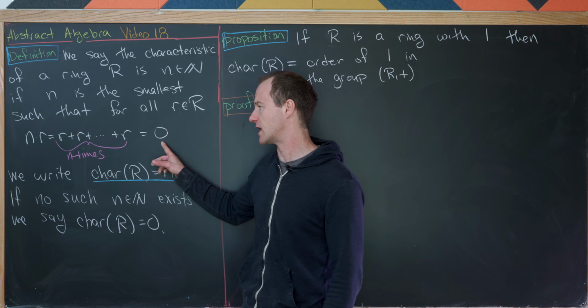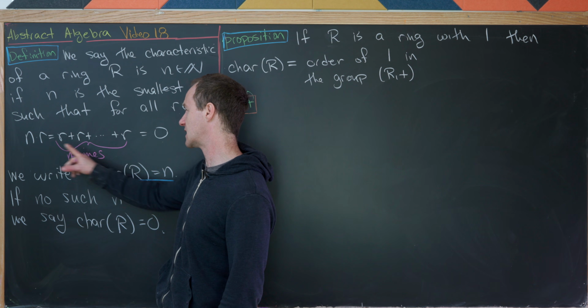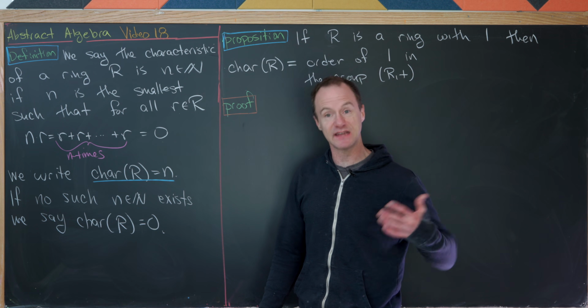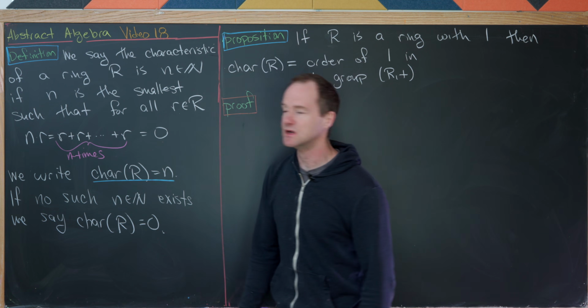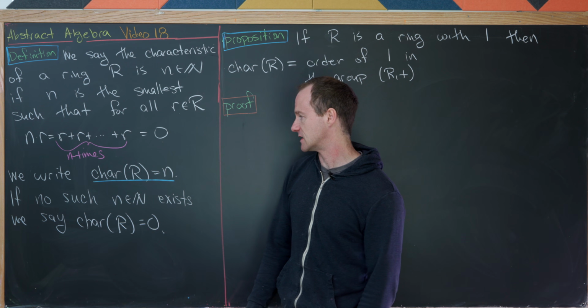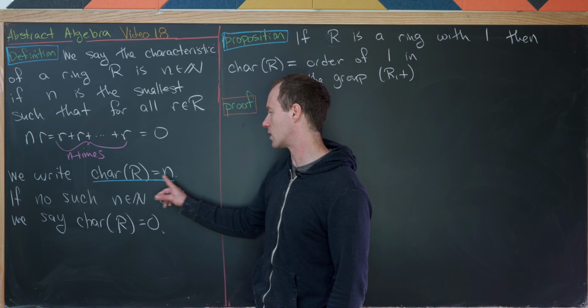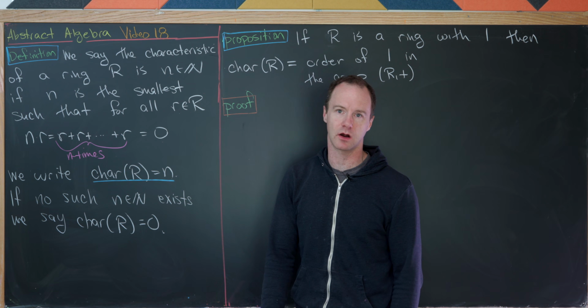But just as an FYI, the standard shortened notation of adding r to itself n times is n times r. And so n itself may not be an element of the ring, but we just interpret that as r added to itself n times. And then the notation is char(R) = n. So that's how I would read that out loud, but obviously it's CHAR.